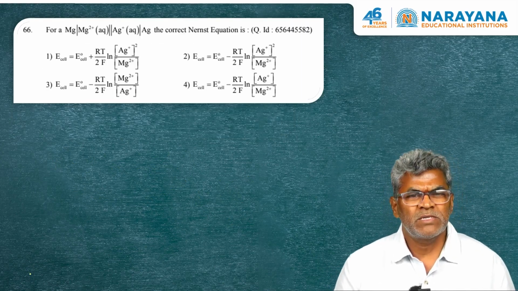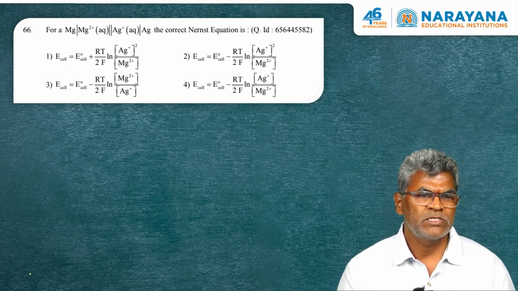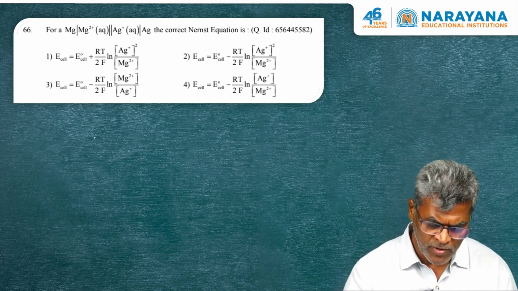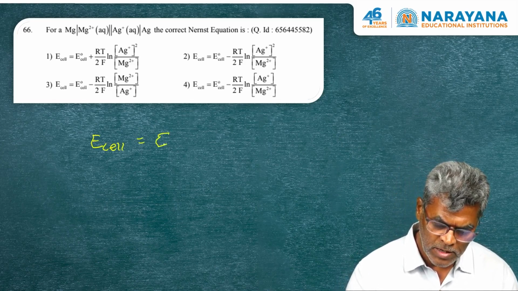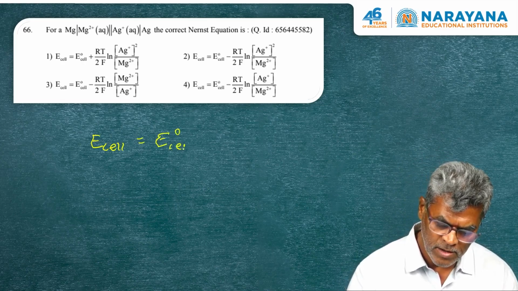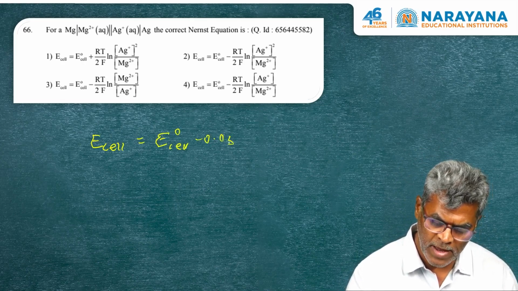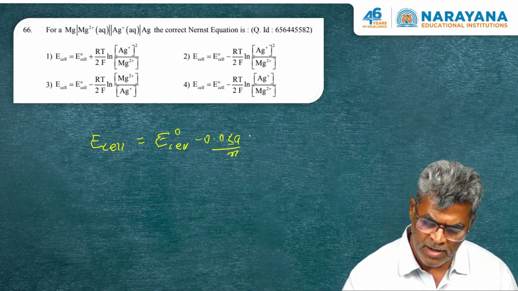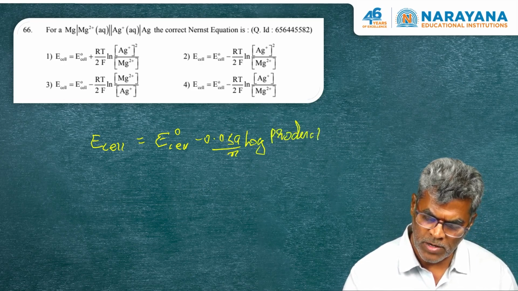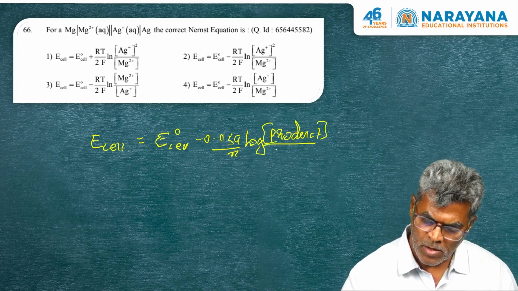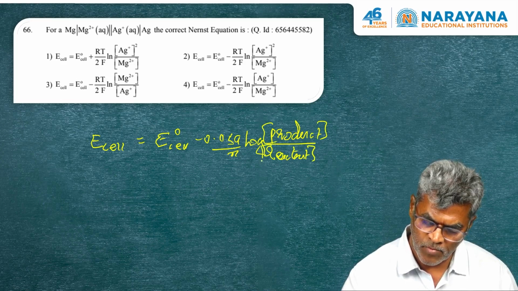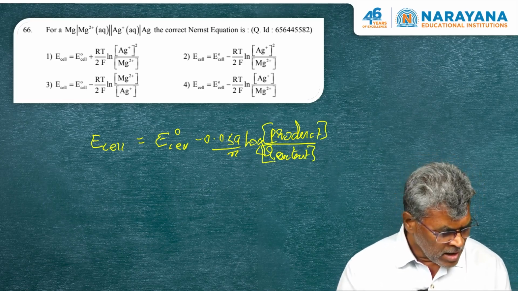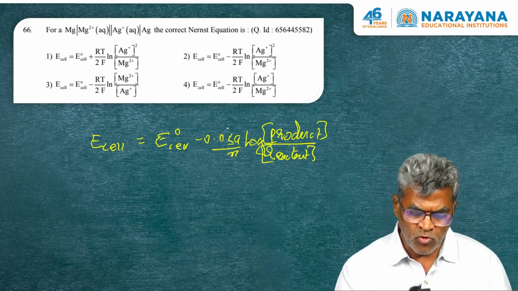Next, this is a question based on the Nernst equation. Generally what we write is E cell is equal to E naught cell minus 0.059 by n log product concentration by reactant concentration. But here they have not simplified this equation, do not get confused by that.